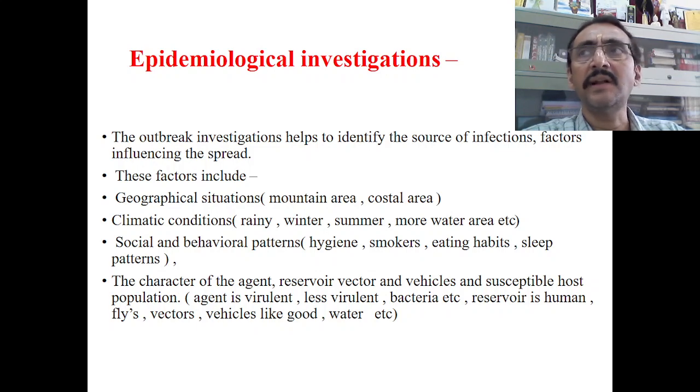Sometimes, of course, it is unidentified. Then you have to think about the vectors: flies, housefly, sandfly, and many others. Then vehicles, maybe water, food, or milk, etc. So these factors have to be understood, and the health authority should be informed in advance.